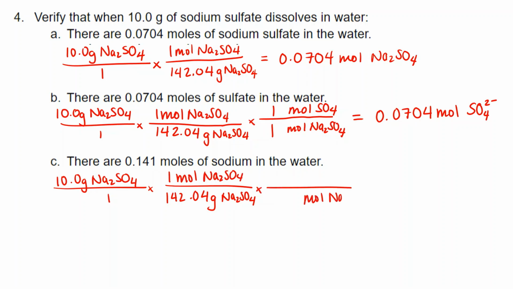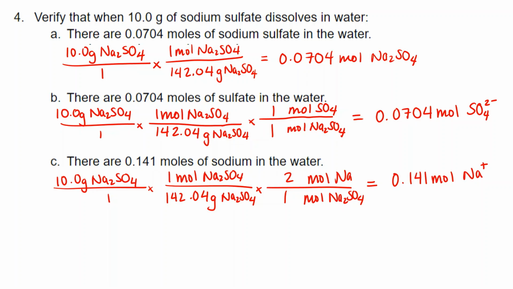So I'm going to convert my moles of sodium sulfate into just moles of sodium. So that mole ratio is 2:1. There's 2 sodiums for every 1 sodium sulfate. So that's why our answer is double what we got for the previous 2 questions, because of that mole ratio.